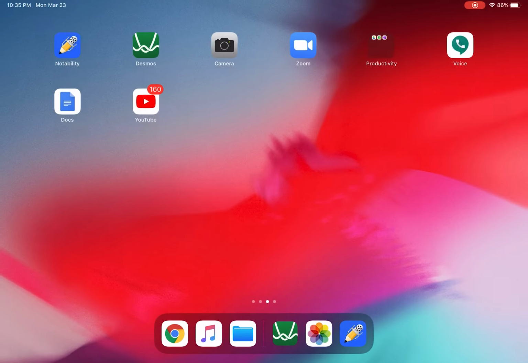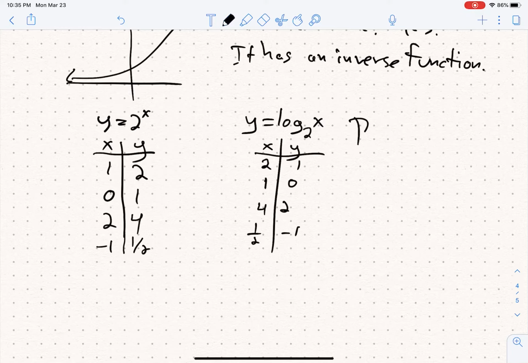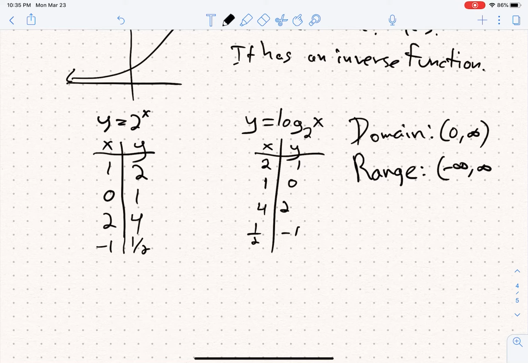Let's make a note of that. So this thing has domain 0 to infinity, and range all real numbers, or negative infinity to infinity.